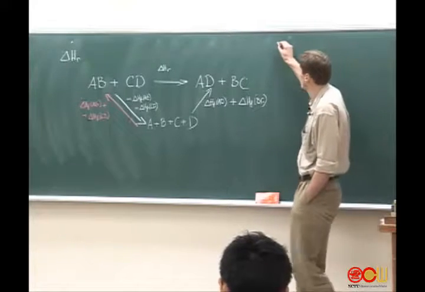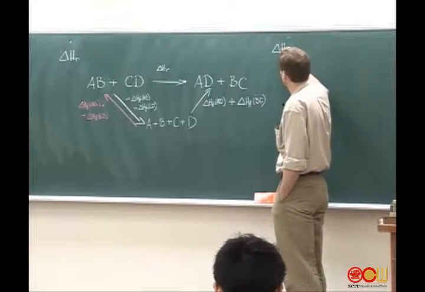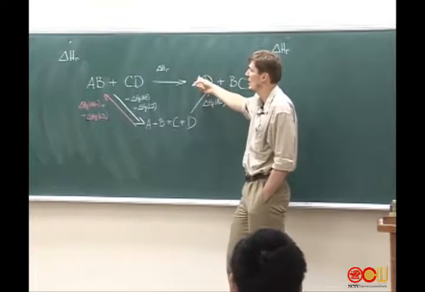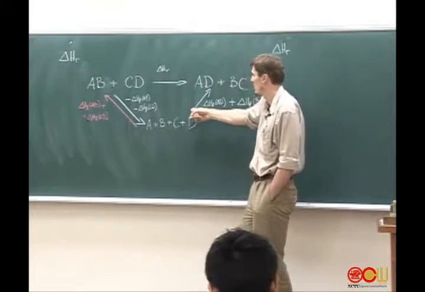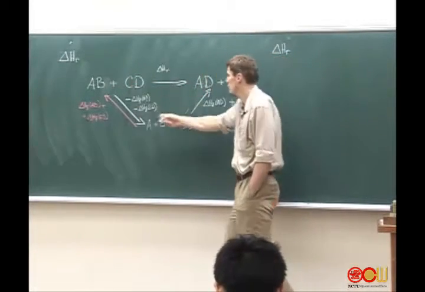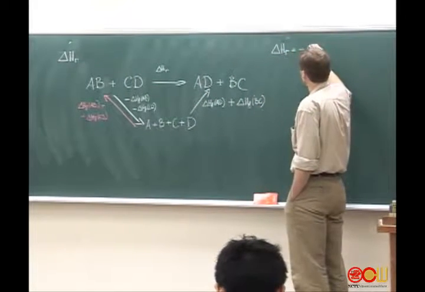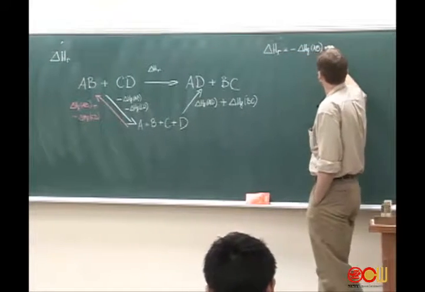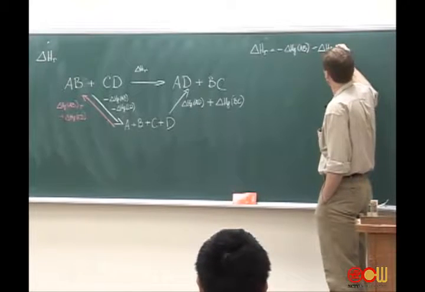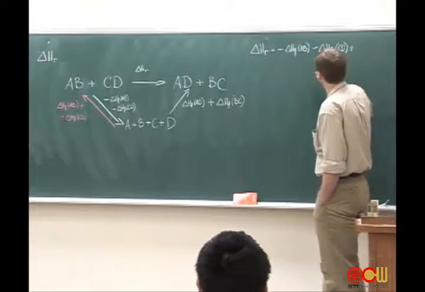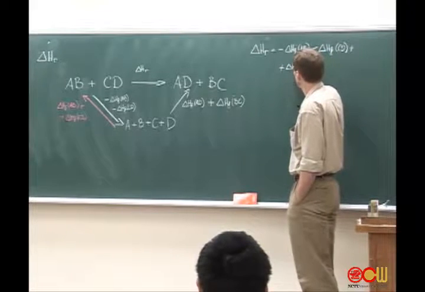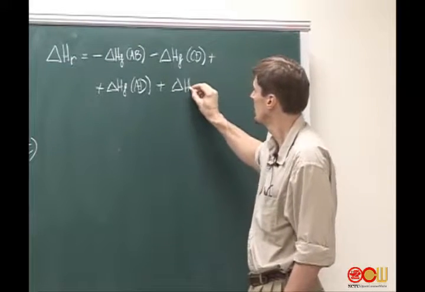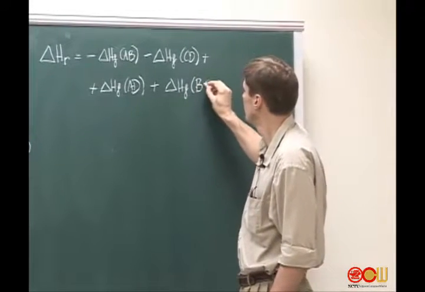Which gives me finally my equation saying that path from here to here must give me exactly the same result like the path from here to here. And this path is minus enthalpy of formation of AB minus enthalpy of formation of CD plus enthalpy of formation of AD plus enthalpy of formation of BC.